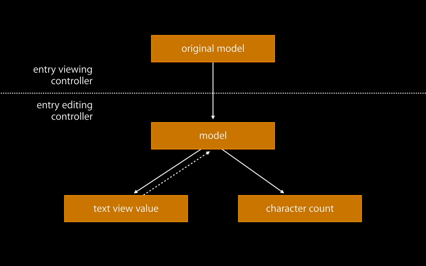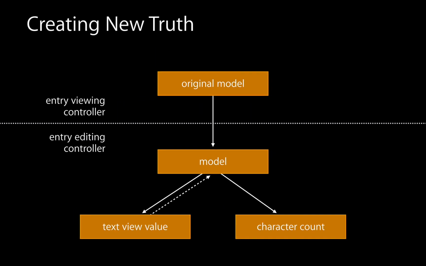So in the same way as these other relationships in our graph, the model that we're editing is derived from the original model. And when we hit that done button, our editing controller is suggesting a new value for the model to the viewing controller. That is how new truth is created.